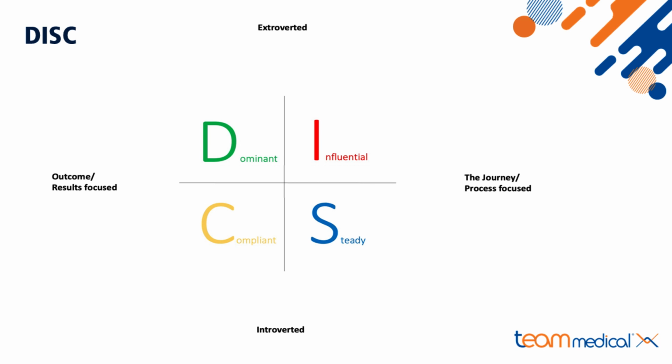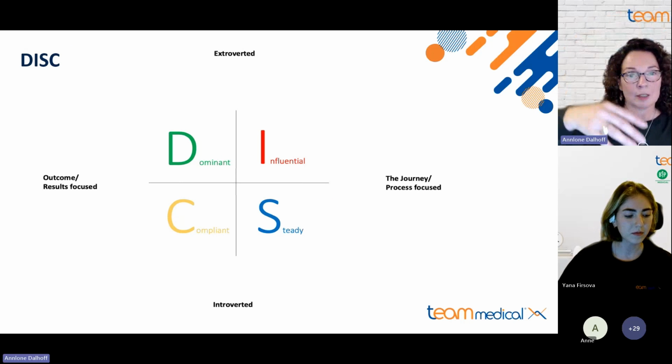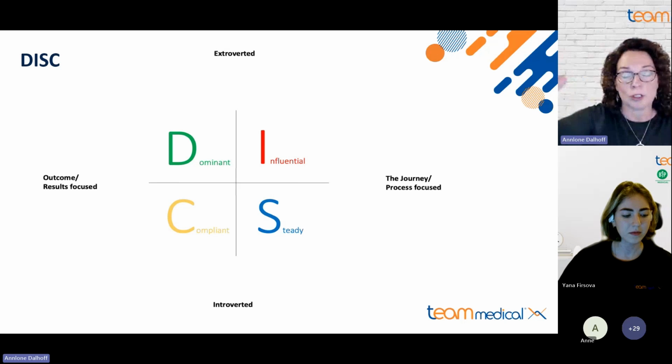as typical of that energy. So as you see, the top and the bottom is whether we're extroverted or introverted. At the top, we've got extroverted. So D and I are the people that are naturally more extroverted, get energy from other people, from talking.